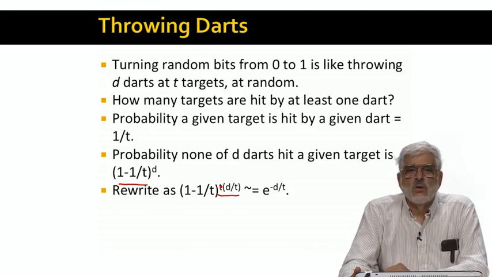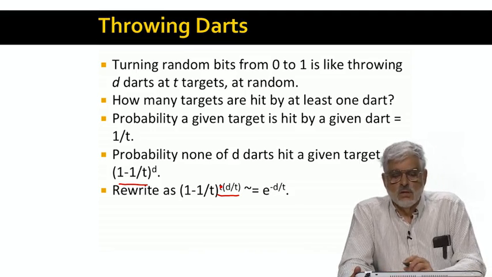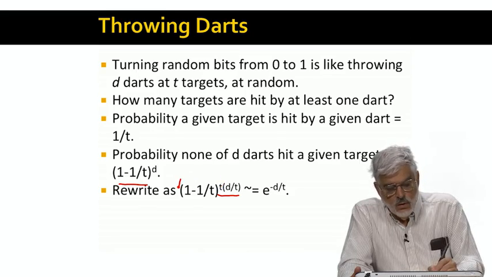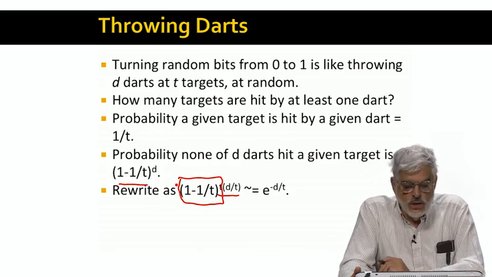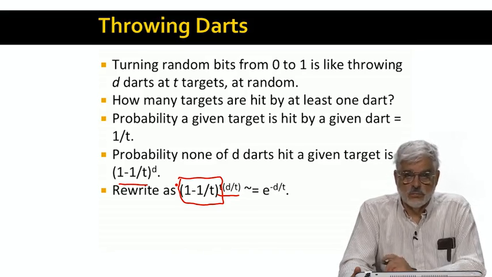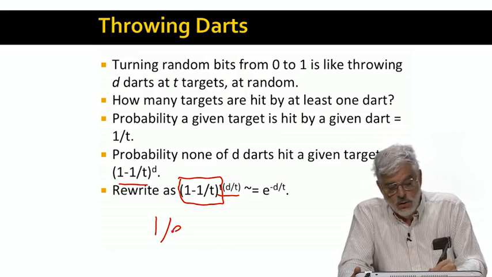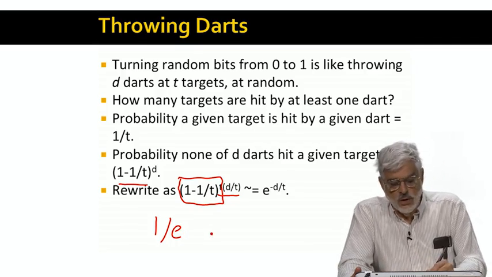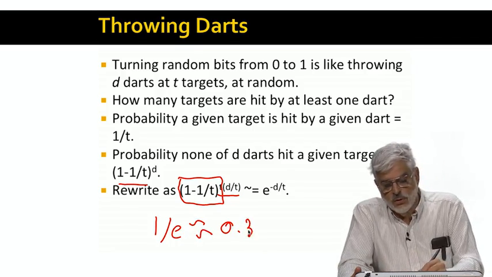But the reason I want to do that is that this part, 1 minus 1 over t, all raised to the tth power, has a well-known approximation as long as t is large. It is 1 over e, and e is the base of natural logarithms. 1 over e is about 0.37.